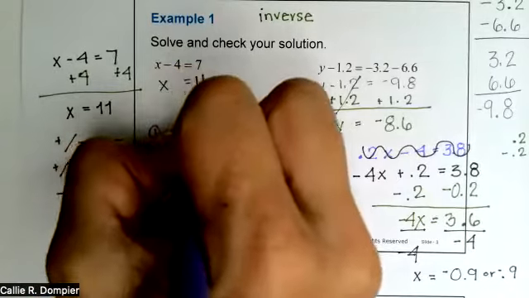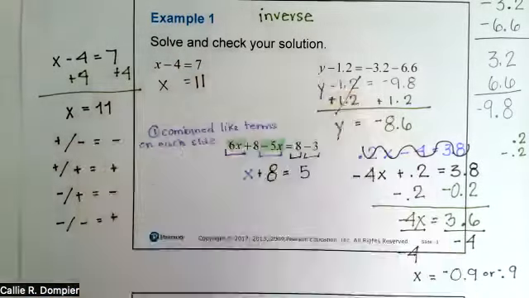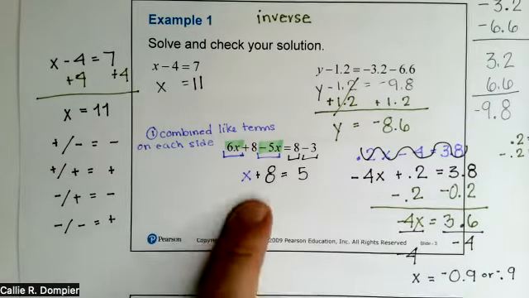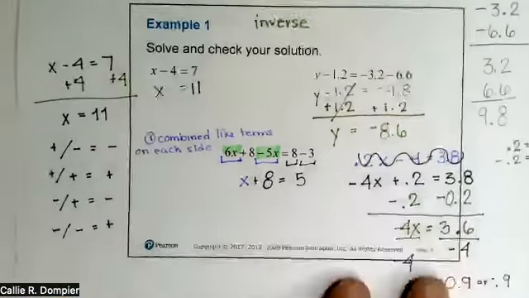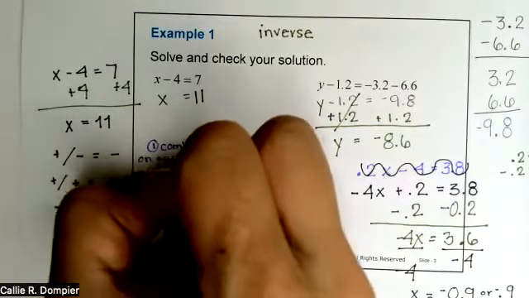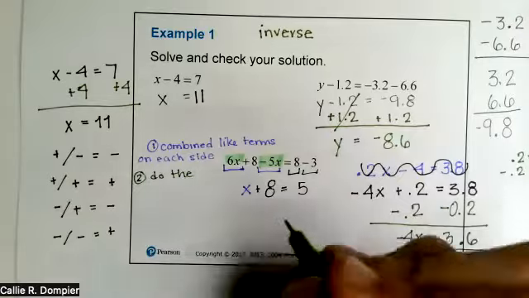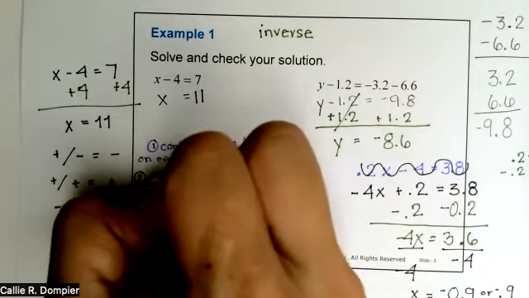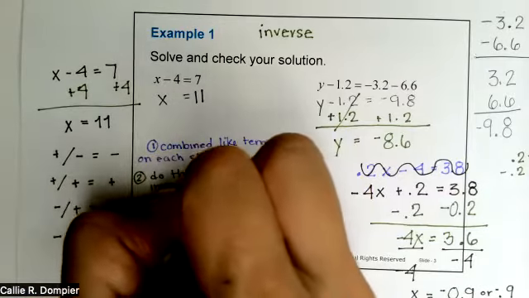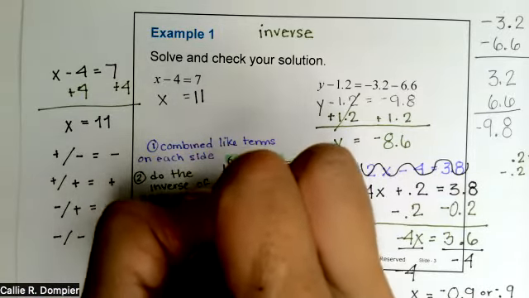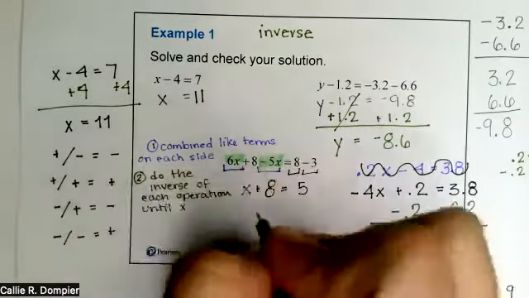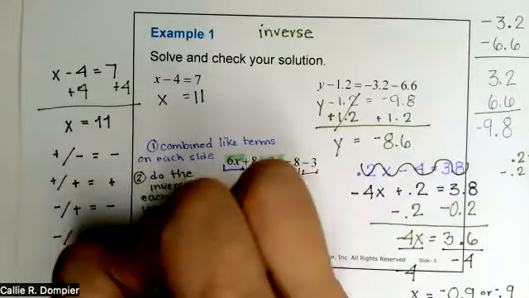Now what can we do? Now it looks a little bit like this one, right? So now I need to do the inverse, or the opposite, of each operation until x is alone.